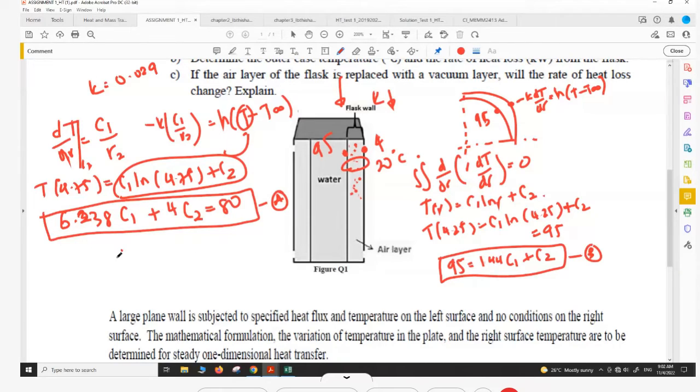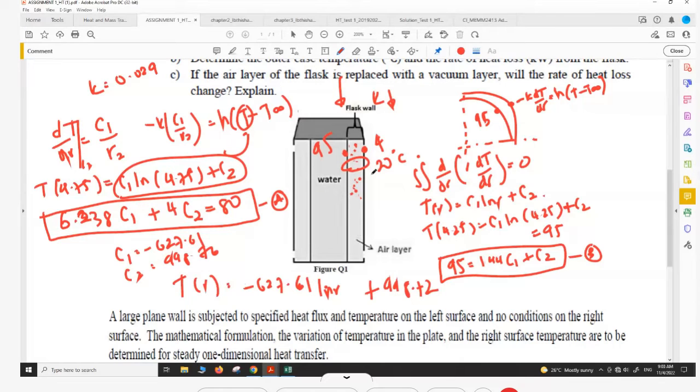So your C1 will be minus 627.61 and your C2 will be 998.76. So finally, your specific equation for this problem is minus 627.61 ln r plus 998.72.